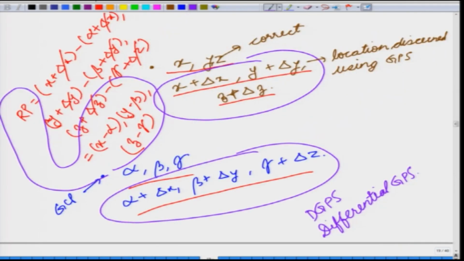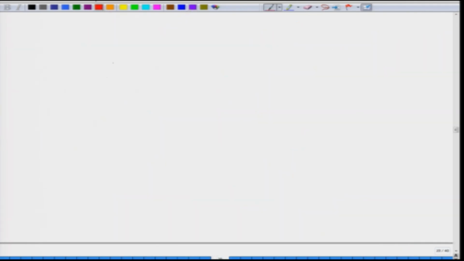In the case of LiDAR, here we have a sensor, the source of the laser, and here you have the surface. The laser is coming here and then it is getting reflected back. Let us show it by another color.